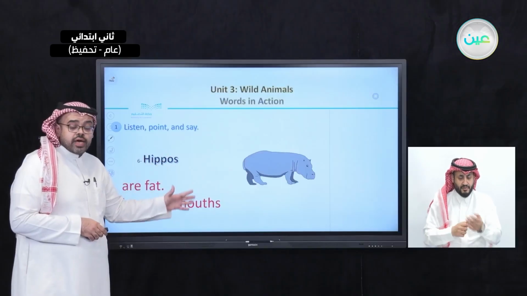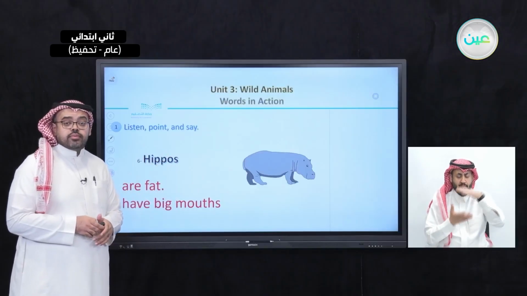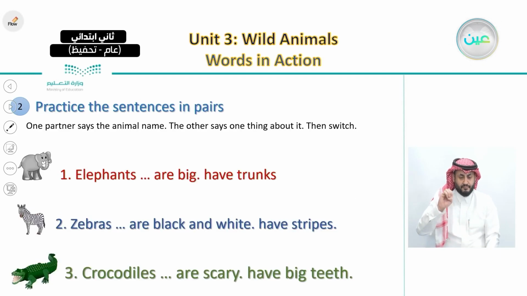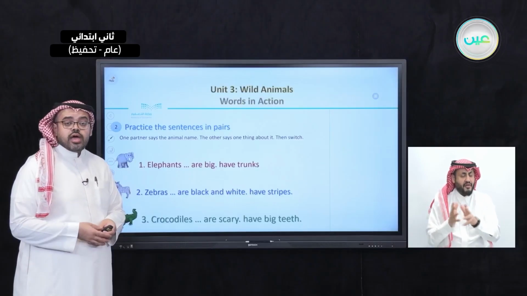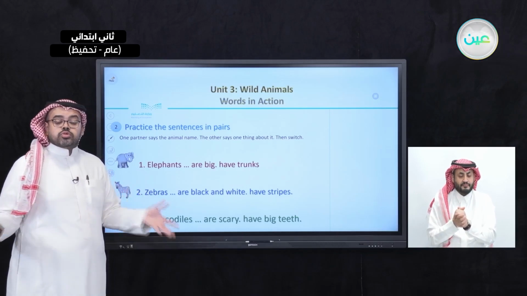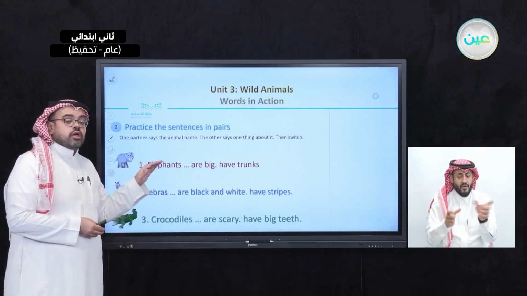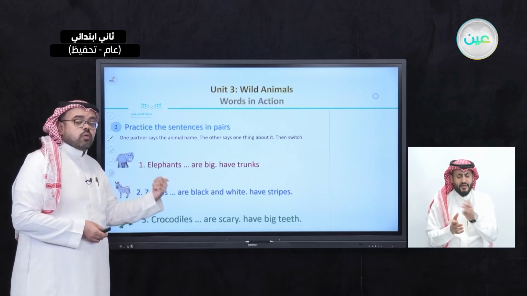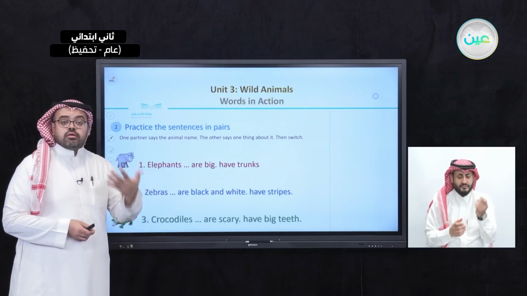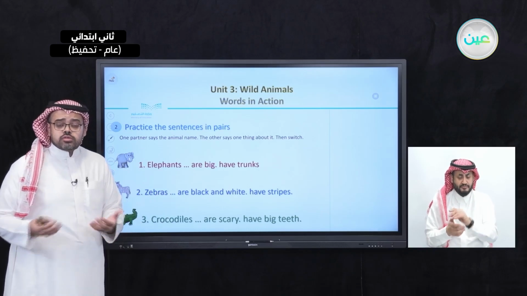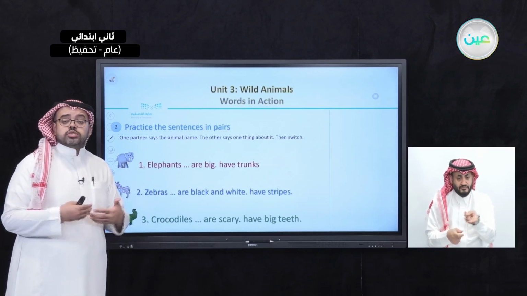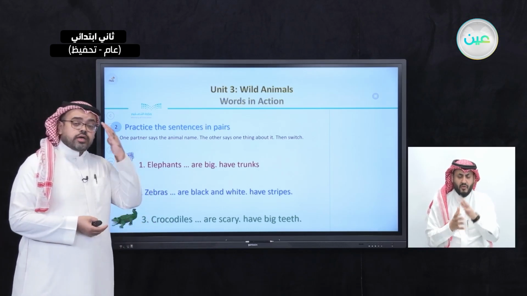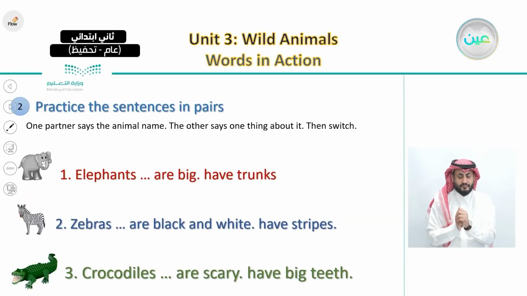After we described these animals, we put all of these sentences in a list, and I asked you to listen to me while reading these sentences and repeat after me. So let's do it now one more time just to remind ourselves and to remember these descriptions.